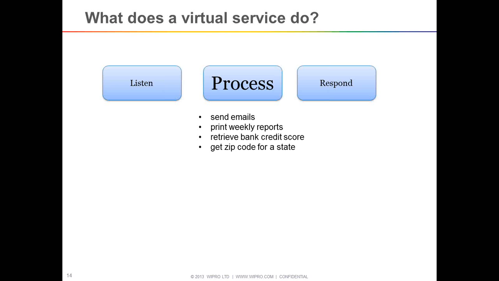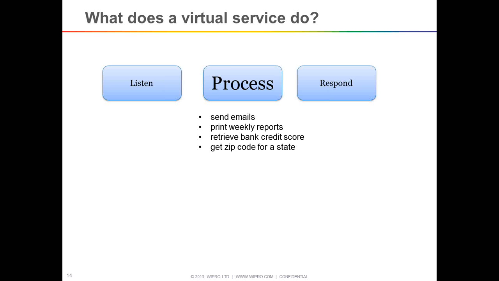If the developer had written the code, they would need to declare the variables, create a main class, compile it, and then do things like isNumeric checks and quite some processing. But you can simply make this kind of process, and not that algorithm. You can also do different kinds of processes like sending emails, printing reports, retrieving a bank credit score, which typically happens in the US, and getting a zip code for a state.